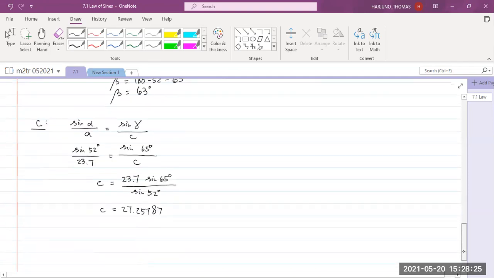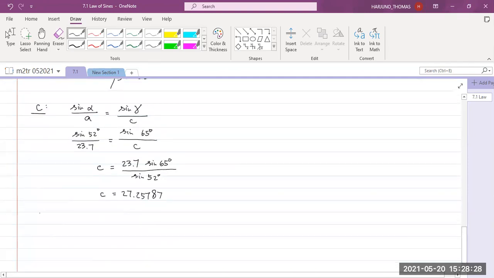Next I will work on B. How to find B? I will do the same thing. Sine alpha over A equals sine beta over B. I write down the formula first and then plug in numbers.